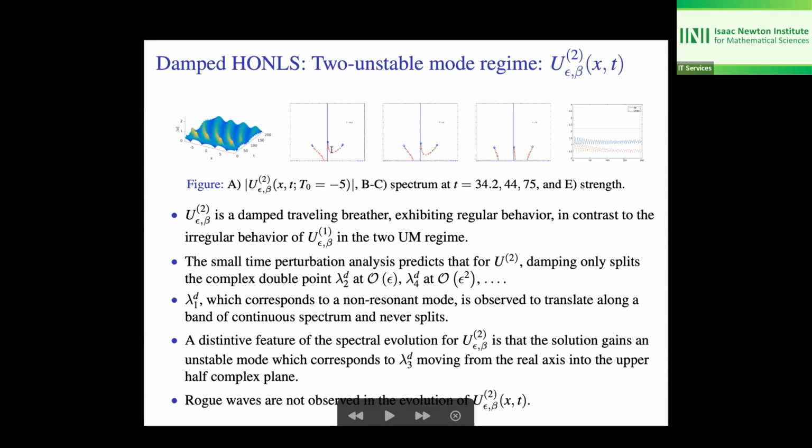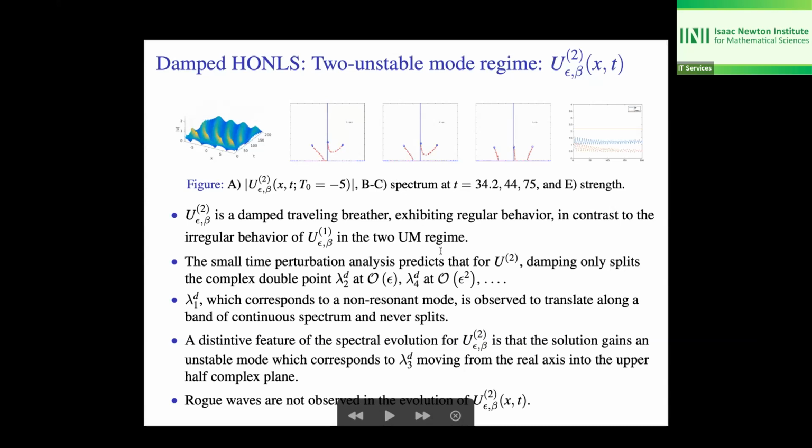So here on this upper band of spectrum in the right quadrant, you see a larger X, and that larger X indicates the first double point, which does not split. It just basically translates along the band of spectrum and never splits.